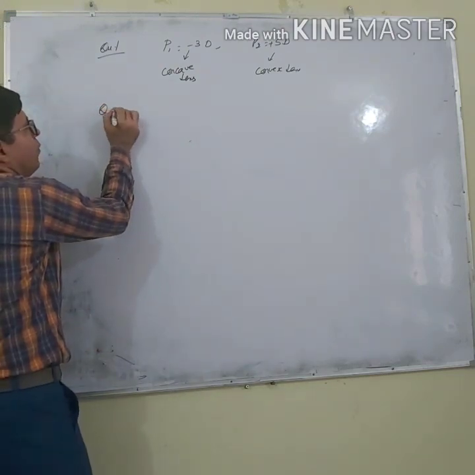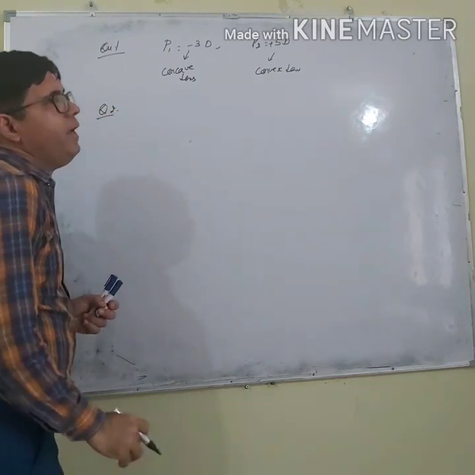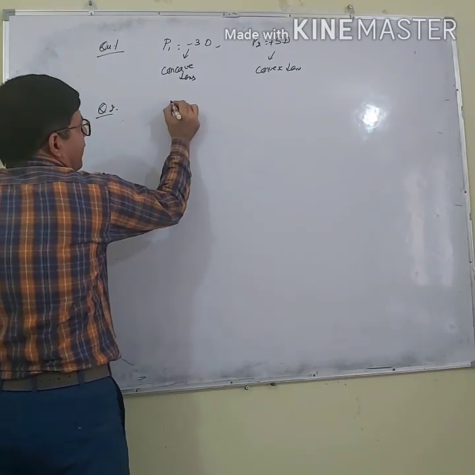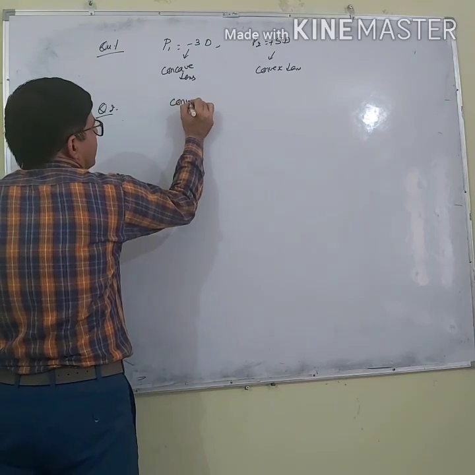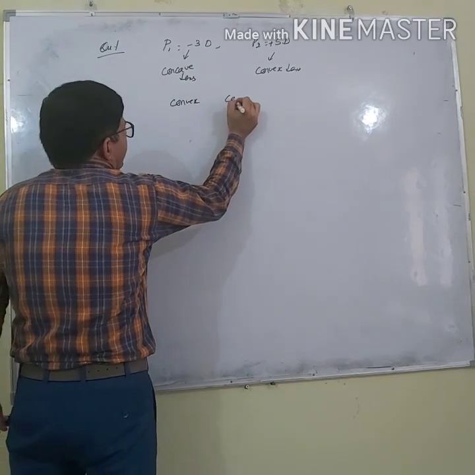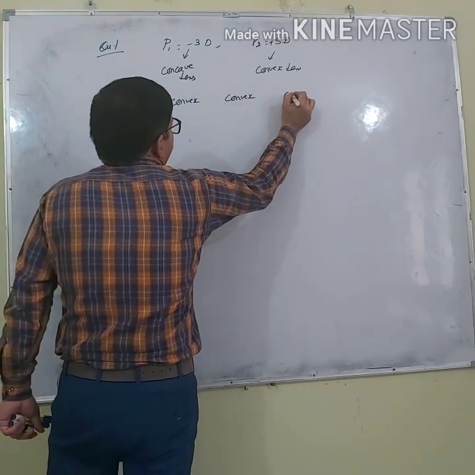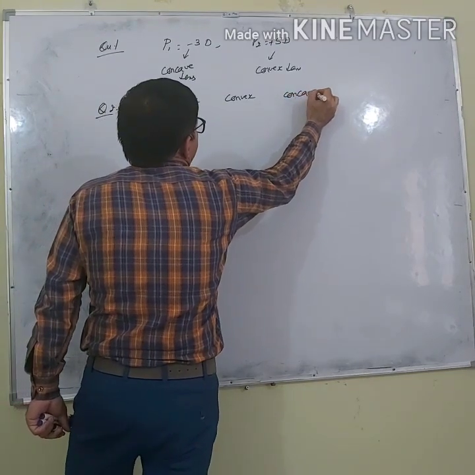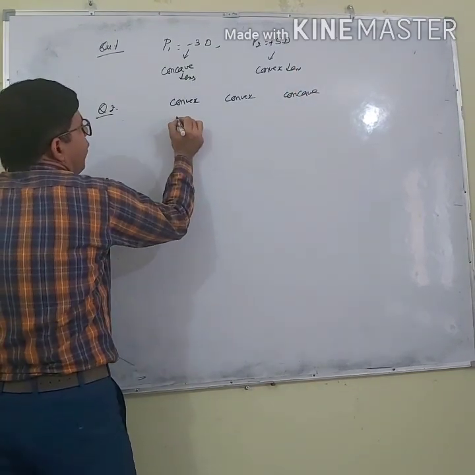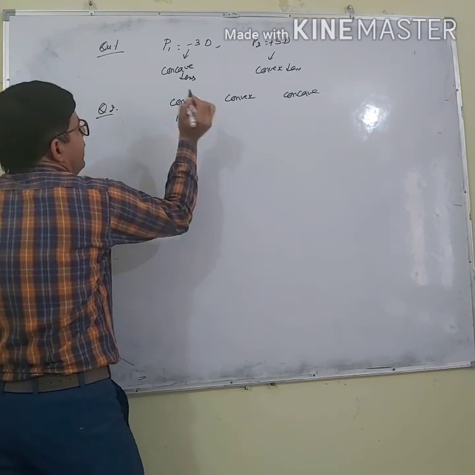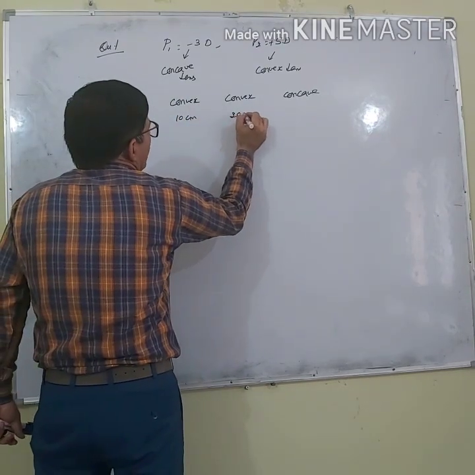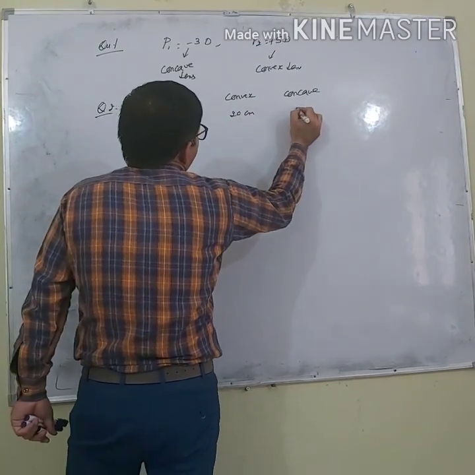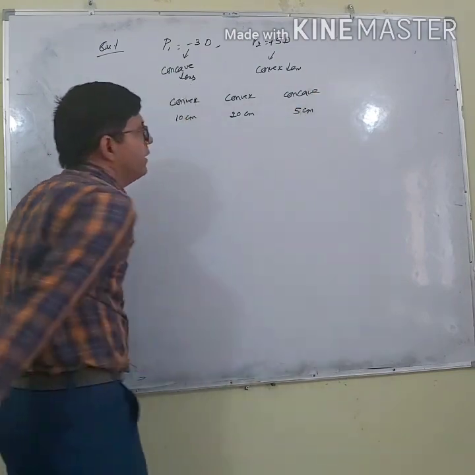Question 2. I am having 3 lenses, convex, convex and concave. Its focal length is 10 centimeter, its focal length is 20 centimeter, and its focal length is 5 centimeter.